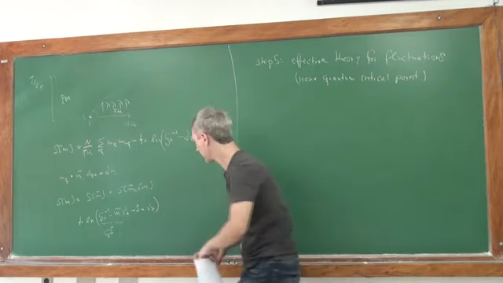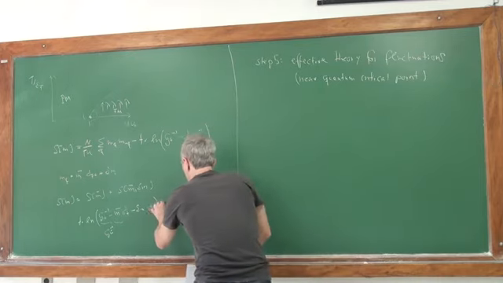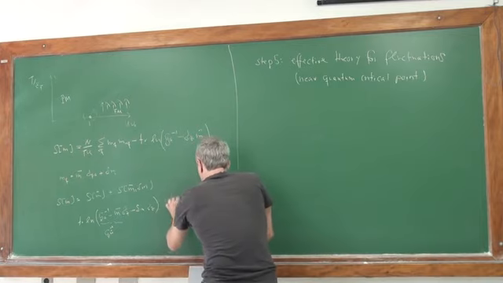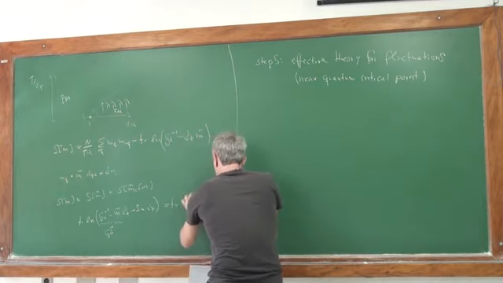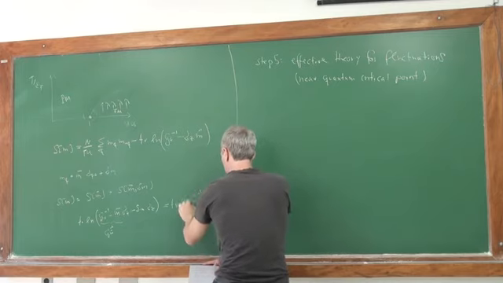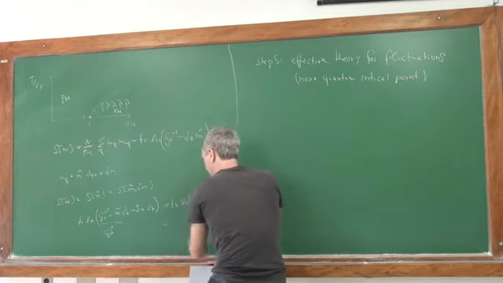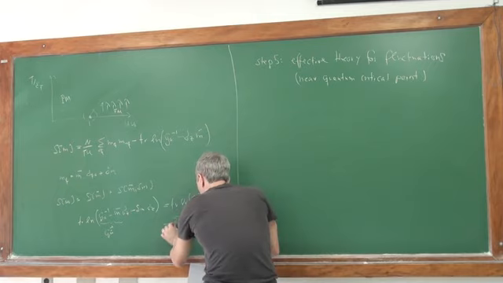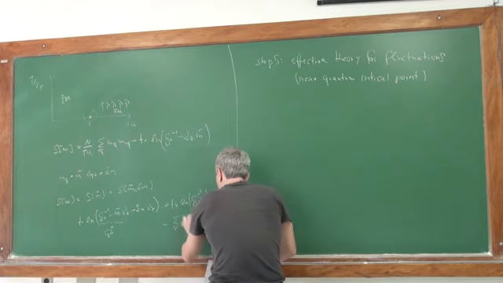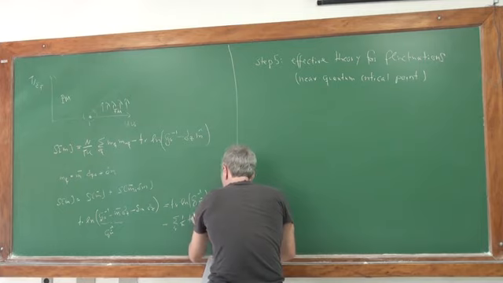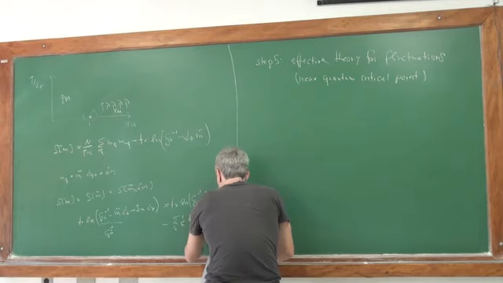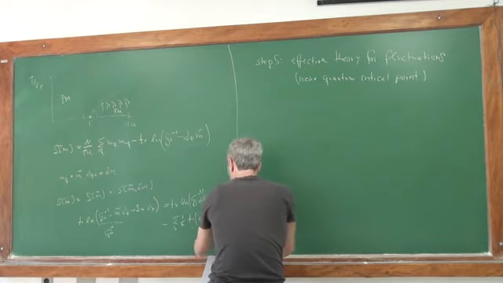So we can write this as trace log G to the minus 1 of m bar, minus the sum over k of 1 over k trace of G times delta sigma z delta m to the power of k.